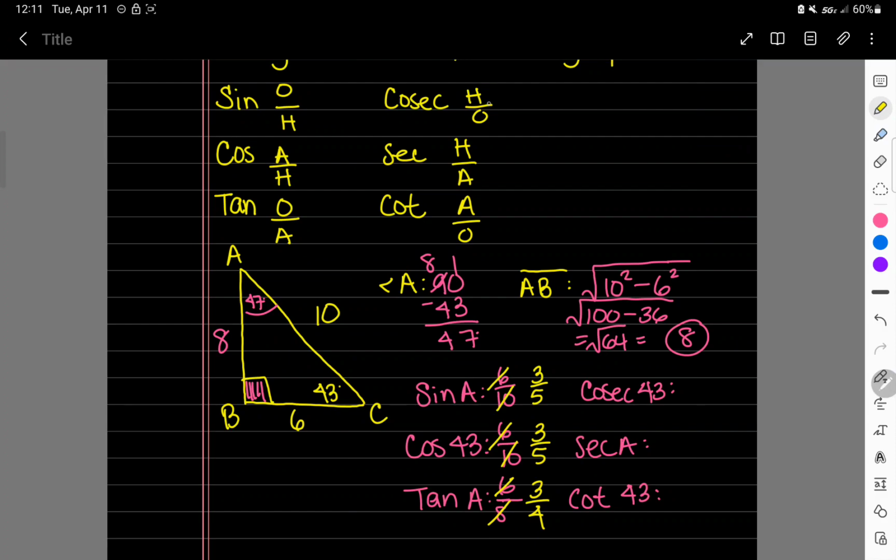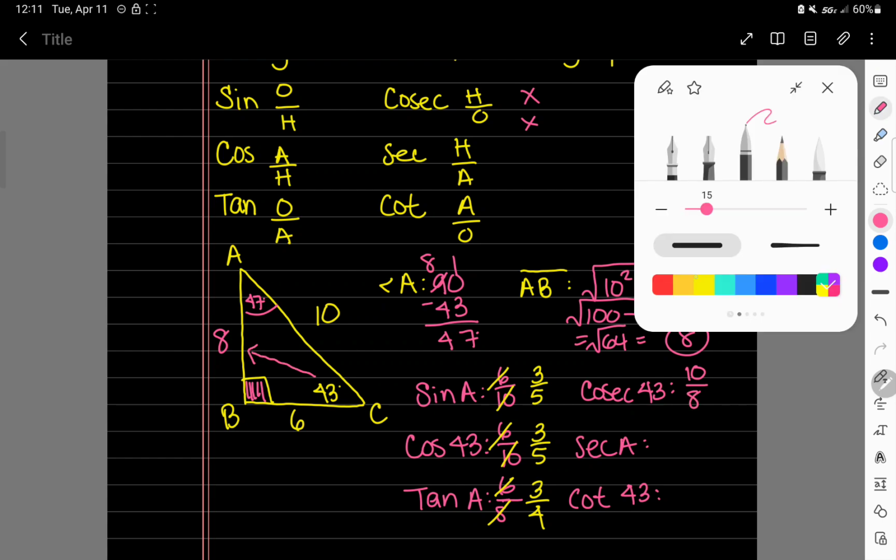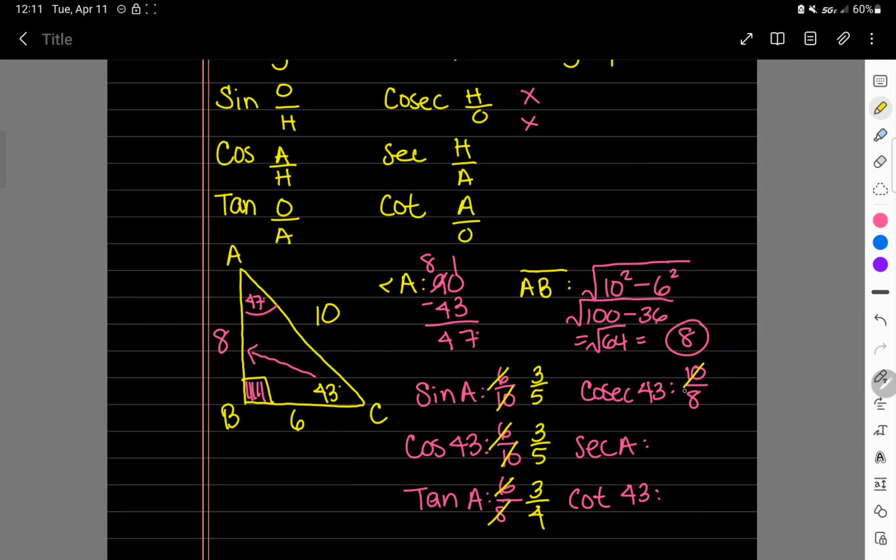Cosecant of 43, cosecant is H over O, hypotenuse over opposite. Hypotenuse is 10. Opposite to 43 is 8. So we want to reduce that with 2, gives us 5 over 4.